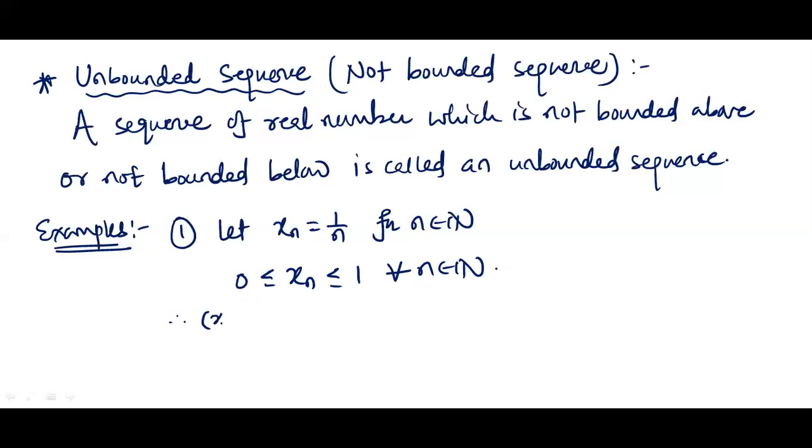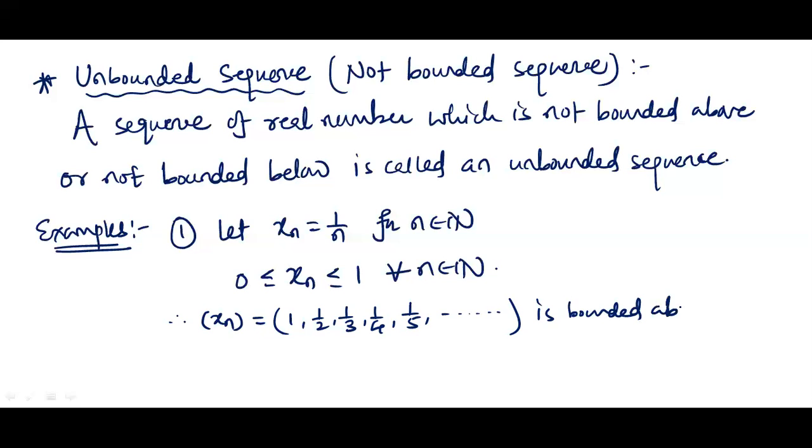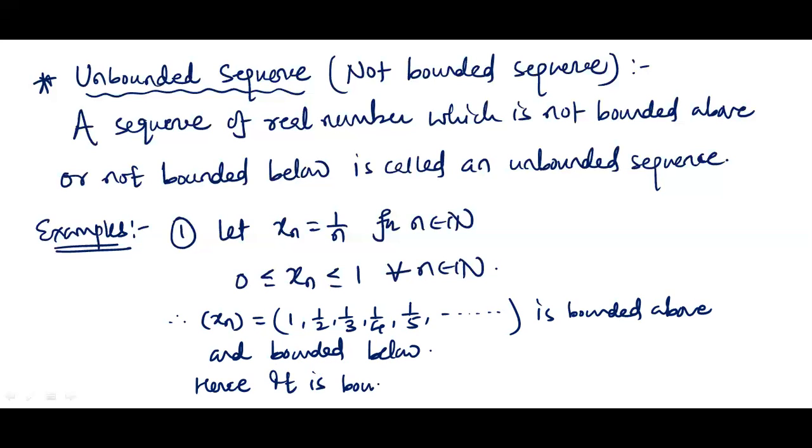Therefore the sequence xn having terms 1, 1 by 2, 1 by 3, 1 by 4, 1 by 5, and so on is bounded above and bounded below. Hence, it is a bounded sequence.